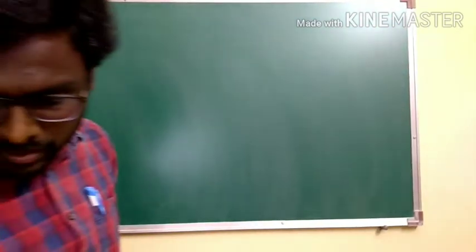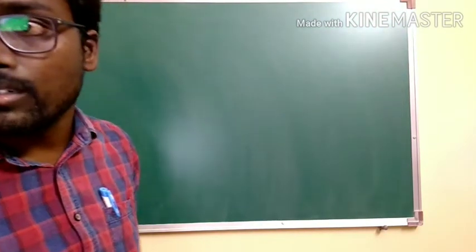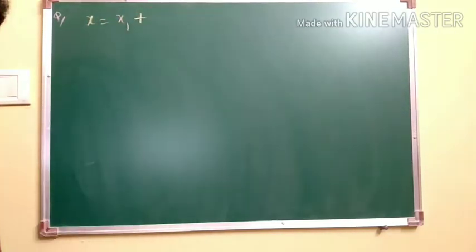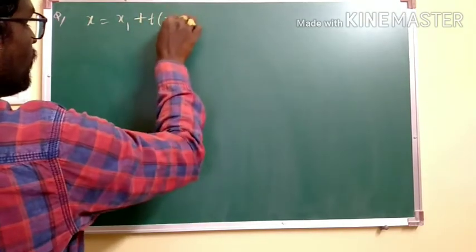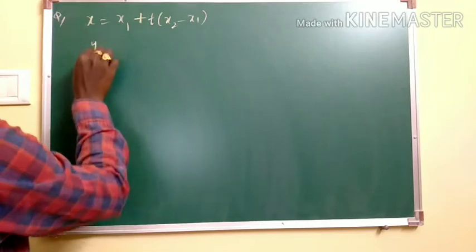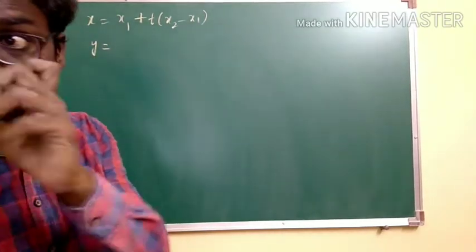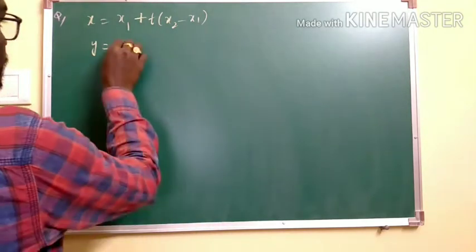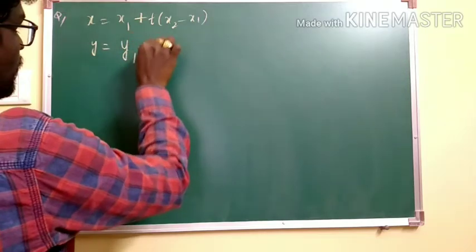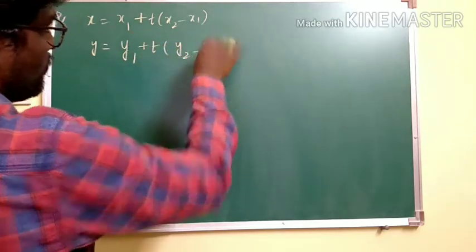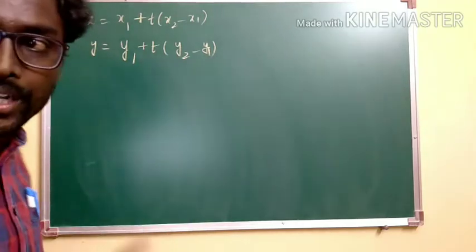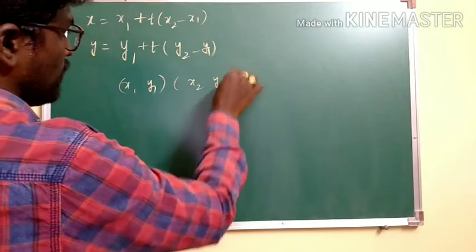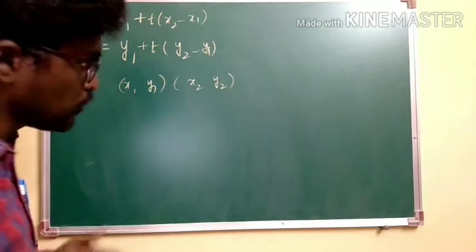The point whose coordinates are x is equal to x1 plus t into (x2 minus x1), y is equal to y1 plus t into (y2 minus y1), divides the join of (x1, y1) and (x2, y2) in the ratio.